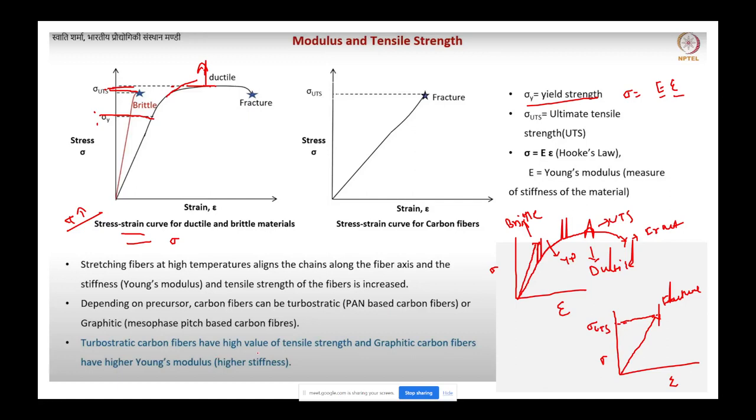Turbostratic carbon fibers have a high value of tensile strength, and graphitic carbon fibers have a higher Young modulus. So if you use a turbostratic, PAN based carbon fiber, the UTS value will be higher. But if you use a graphitic carbon fiber, it will have a high Young modulus, which means higher stiffness. That's the reason.